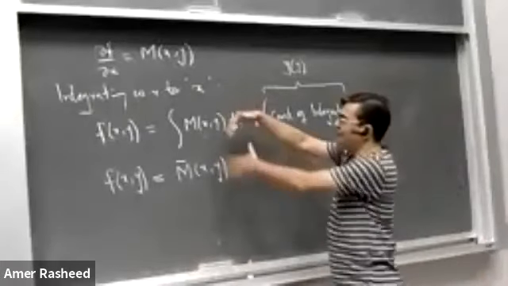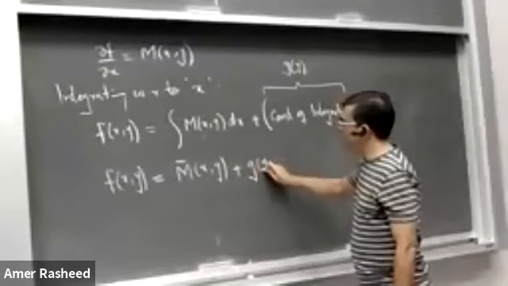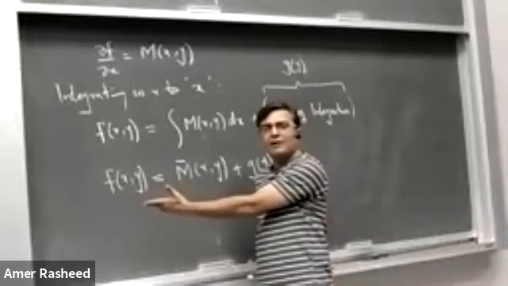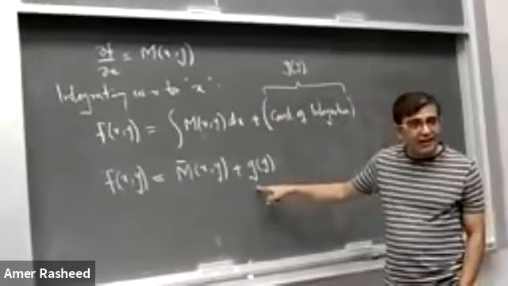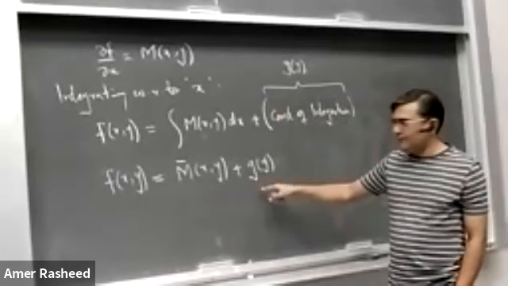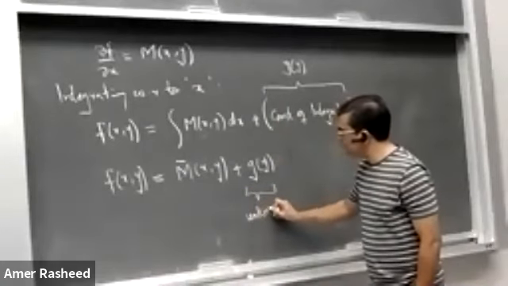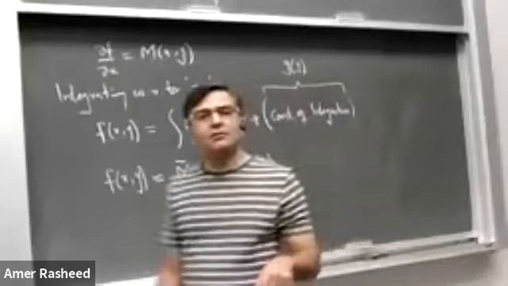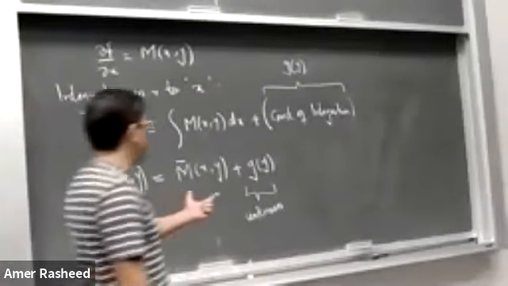This is the integral of this whole thing plus some function of y. Now we know the function which was required, but there is still some unknown thing here. Still, we do not know g of y. This thing is unknown here, which needs to be computed or determined. It needs to be found.